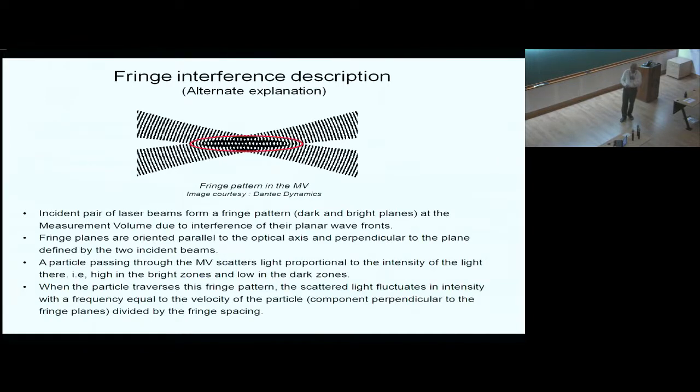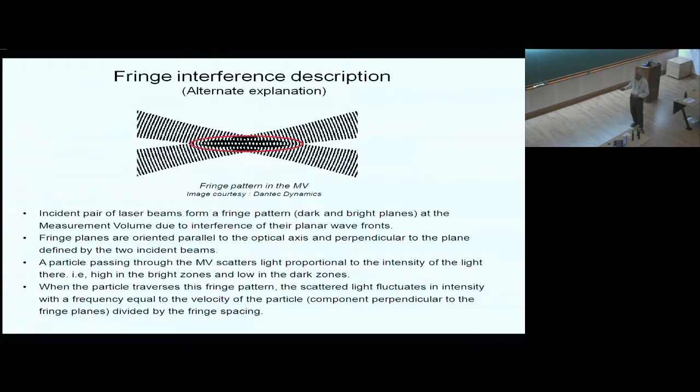So this is another interpretation of LDV, which is sort of more intuitive or more physical. Basically you have these coherent beams crossing each other, then you get this interference pattern because they are coherent, and essentially you get regions of high intensity and low intensity. If a particle crosses this measurement volume, it will cross this fringe pattern as well, and each time it passes through a dark or bright region, the intensity itself will change.